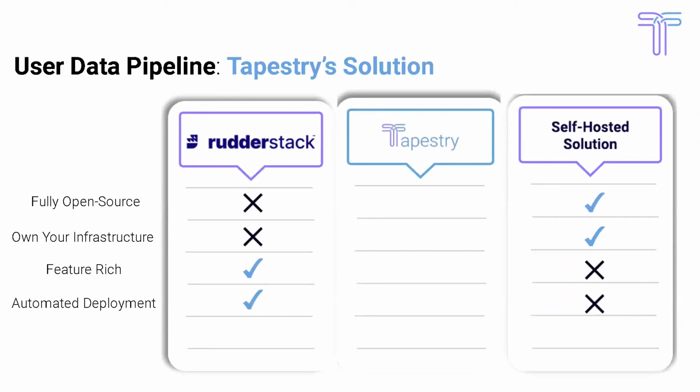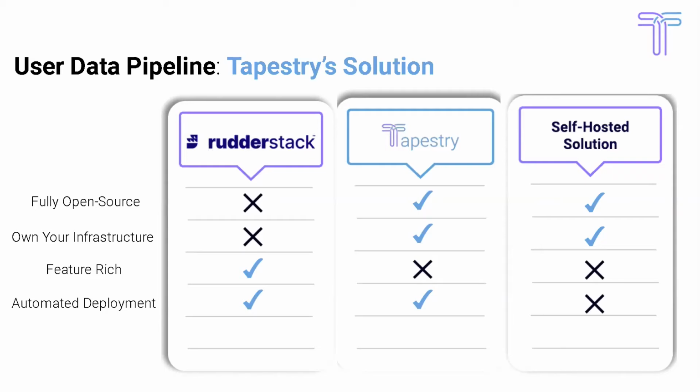This is why we built Tapestry. We weave together all of the necessary resources to create an end-to-end user data pipeline, automate the setup and configuration, and let you spend your valuable time doing something more important. Tapestry is for engineers who want full control over their data infrastructure, but without having to provision that infrastructure for themselves.